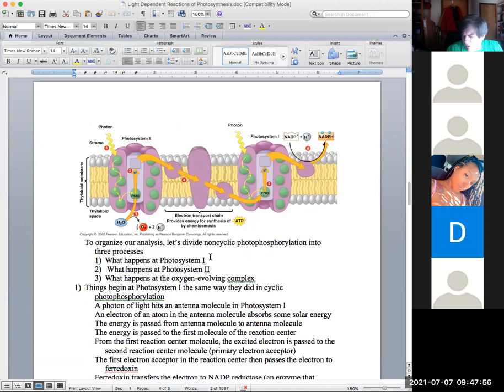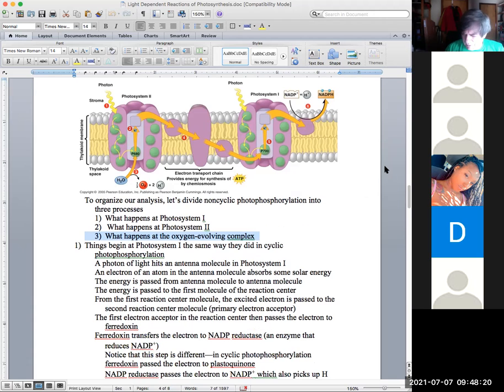Photosystem 1 is over here on the right. So first we're going to talk about what happens in photosystem 1. Then we'll talk about what happens in photosystem 2, which is over here on the left. And then we'll talk about what happens in the oxygen evolving complex, which is down here where we see the water.